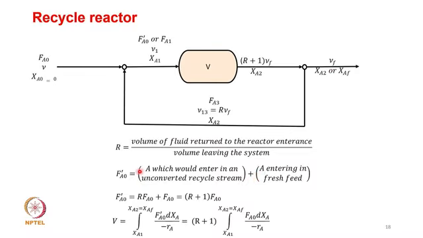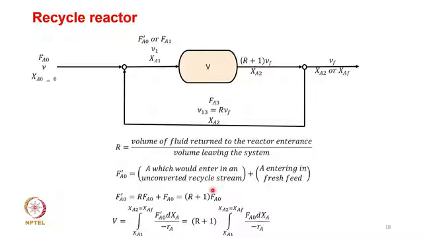And FA naught prime here is the A which would enter in an unconverted recycle stream, which is this, plus A entering in fresh feed. So how do we compute FA naught prime? R times FA naught, which is coming from here, and 1 times FA naught; it would be R plus 1 times FA naught.